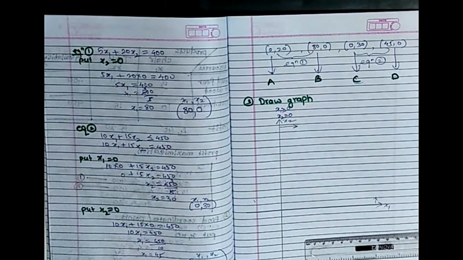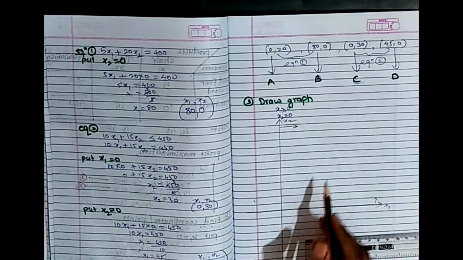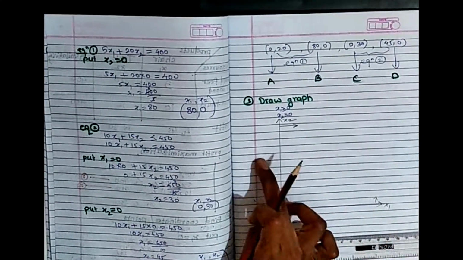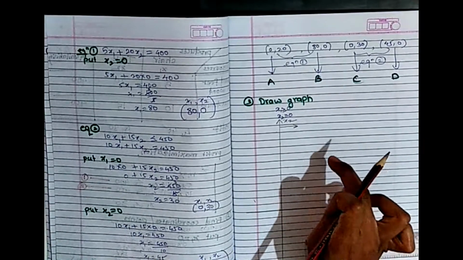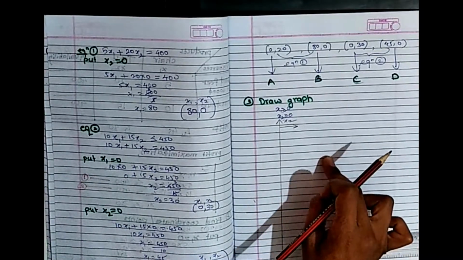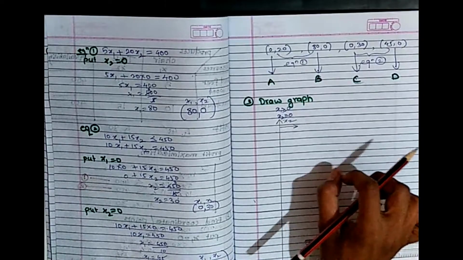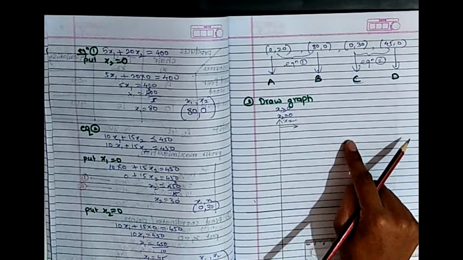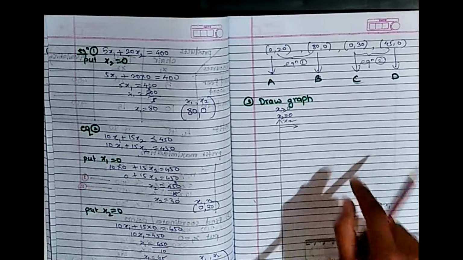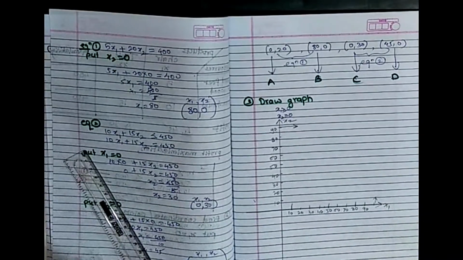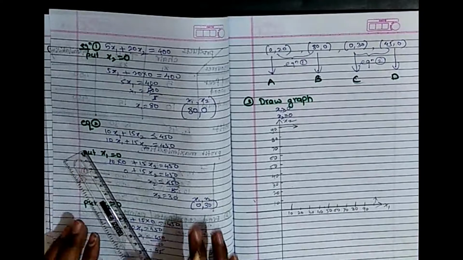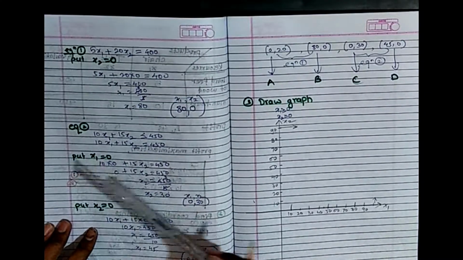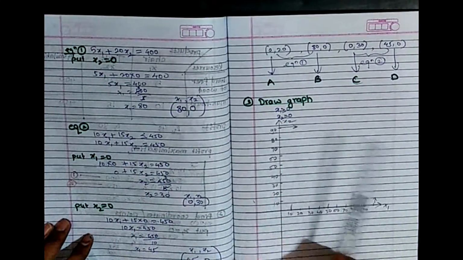So we can conclude that our x1 and x2 will lie in the first quadrant: first, second, third, fourth. So it will lie in the first quadrant. So we have to draw our equation. We have to plot these points and draw the line in the first quadrant only. As I did not have graph paper, I have drawn this on these pages.